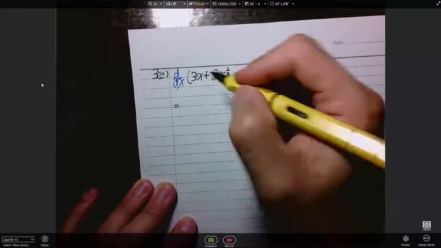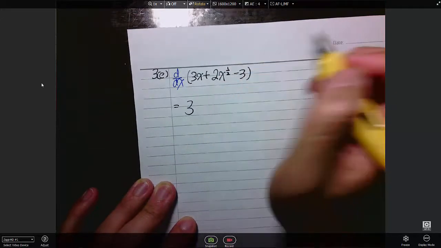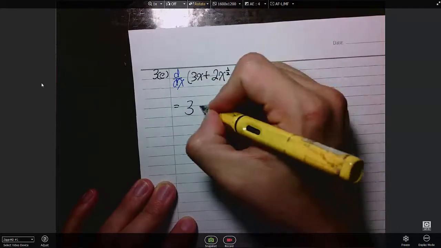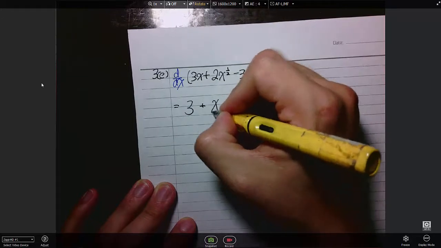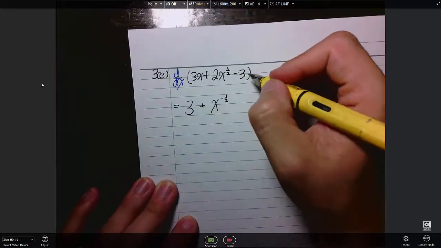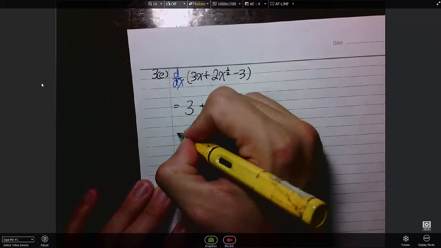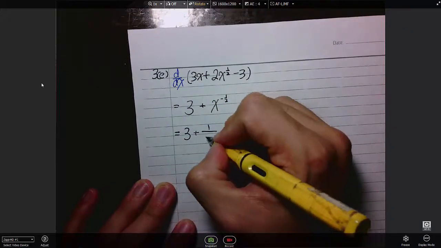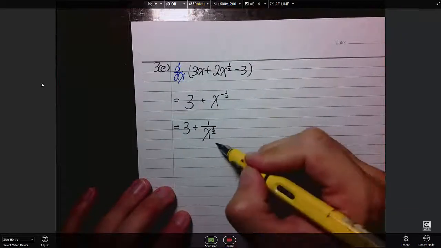Now very quickly, 3 times 1, then x to the power of 1 minus 1 is x to the power of 0. That's why the x just disappears. Here, 2 times half is 1. x to the power of half minus 1 is negative half. When you differentiate the number, x to the power of 0 times 3, the thing just disappears. Now I just write it down in positive index form. It's 1 over x to the power of half, and I'm done with 3e.